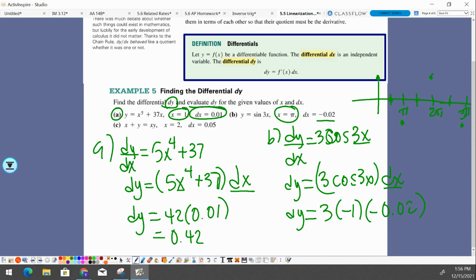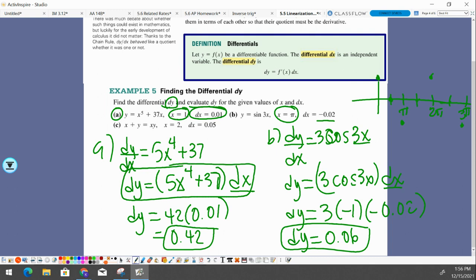So this is going to be a positive, negative times negative. Then 3 times 1 is 3, times 0.02 is 0.06. So that's when you evaluate. You're going to have to be able to find dy, and then evaluate. Those are the two things you've got to do with your differentials.